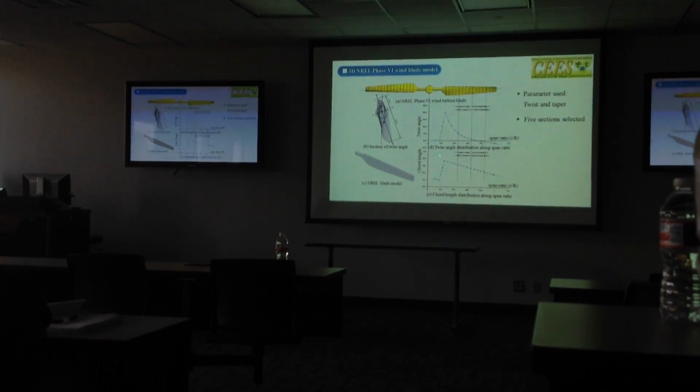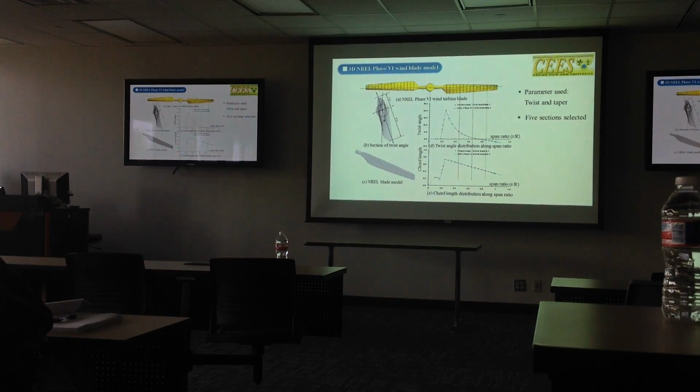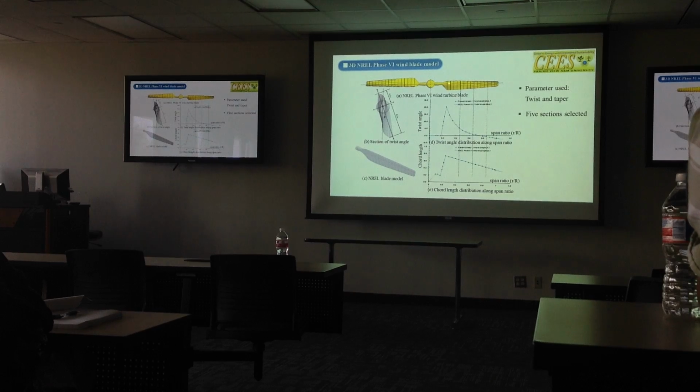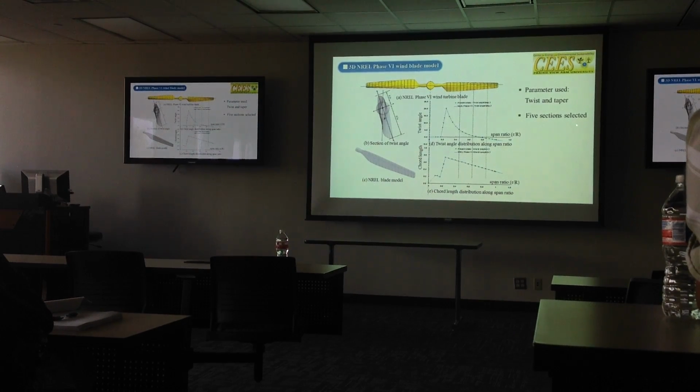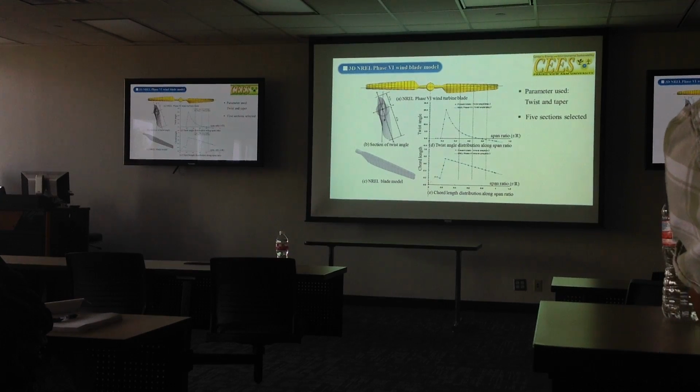The taper is also linearly changed from the heart to the tip. In this blade, 5 sections from the heart to the tip are selected to analyze in the next step. We will introduce more information about that.